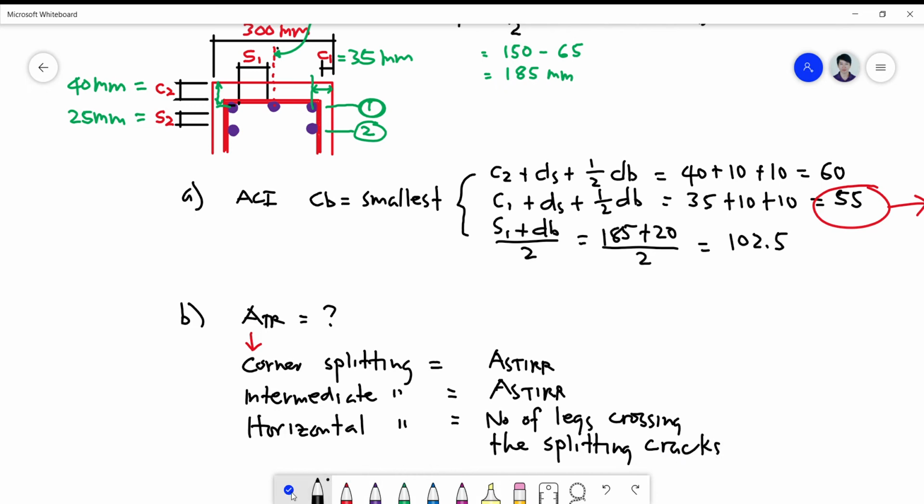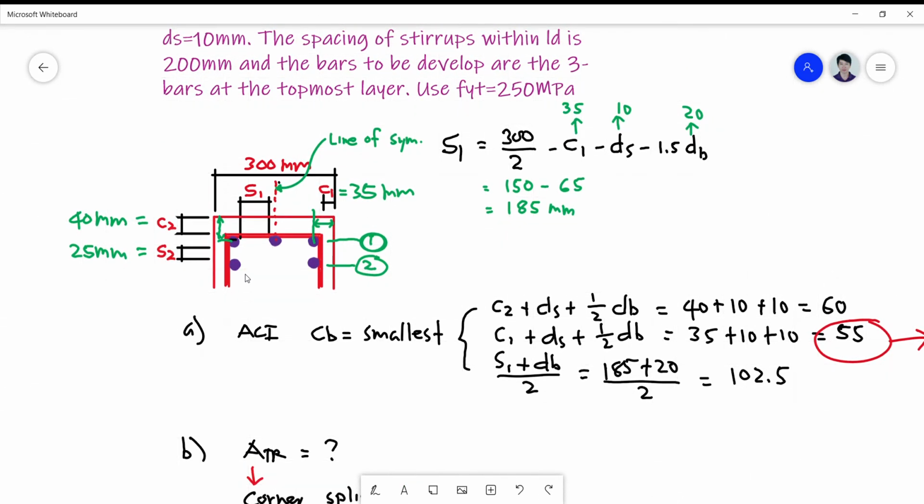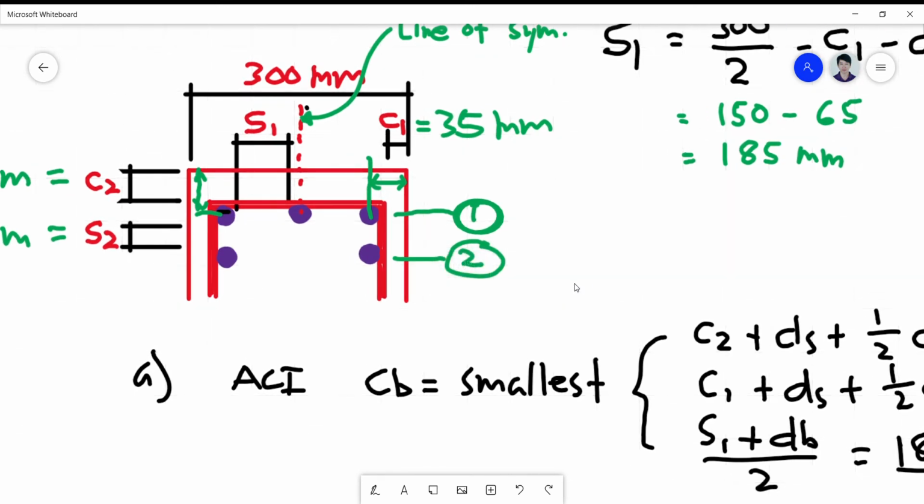Okay, so let's draw now our potential plane of splitting here in our figure. So I'll just use this figure to facilitate my explanation. So if my splitting is corner, it means that you only have one location wherein the stirrup is crossed by the failure.